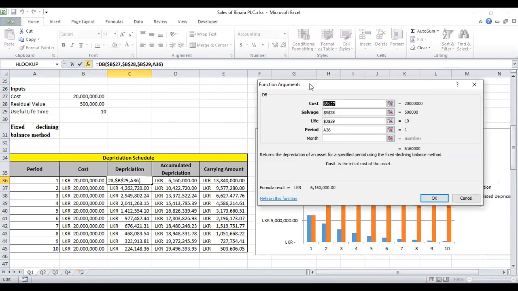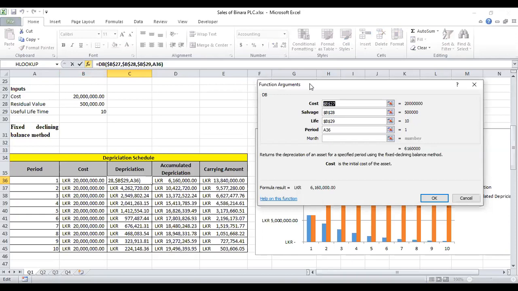Then you are going to feed the required information. So you start with the cost, as in the previous case, the salvage or the residual value is there, and the life is there. All these three pieces of information were there even under the straight line method. But here, the addition is going to be the period.